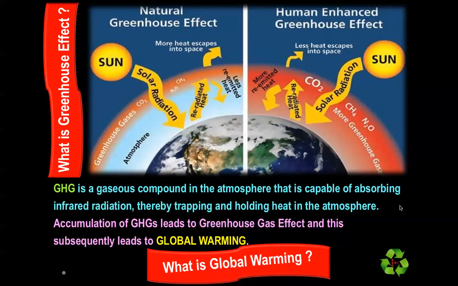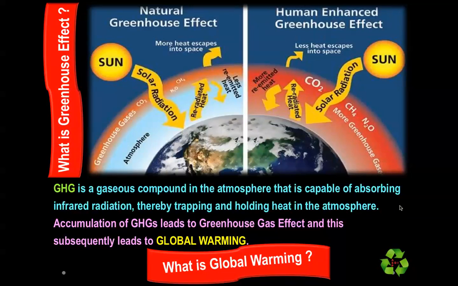Now, what happens is the sun emits extremely intensive solar radiation across the entire electromagnetic spectrum, including the infrared and ultraviolet fields. It reaches the Earth, and almost 75% of this intensive solar radiation gets reflected back into space.